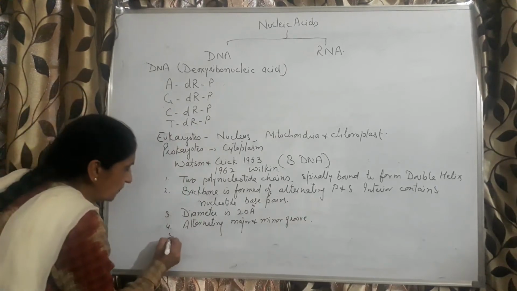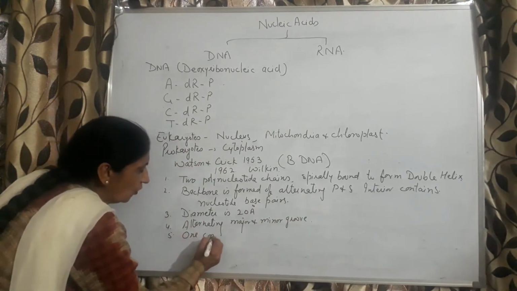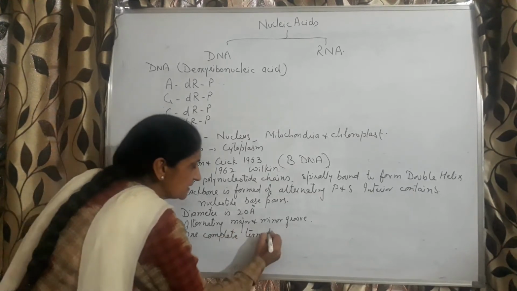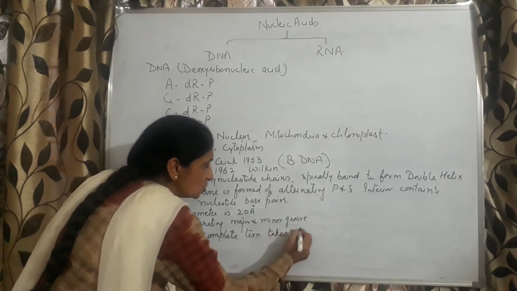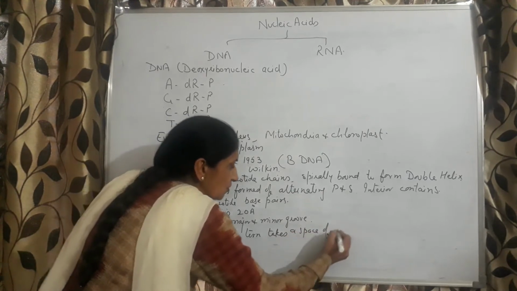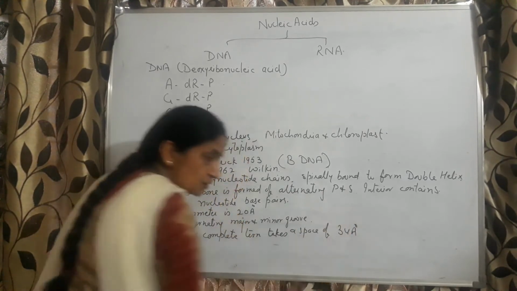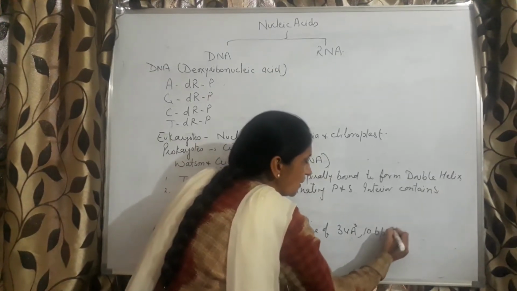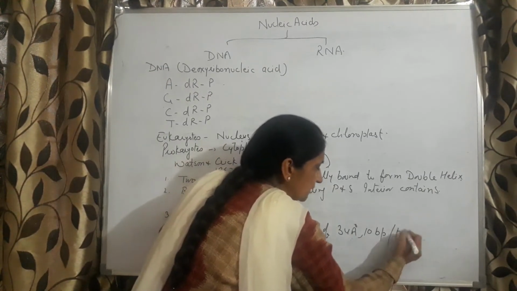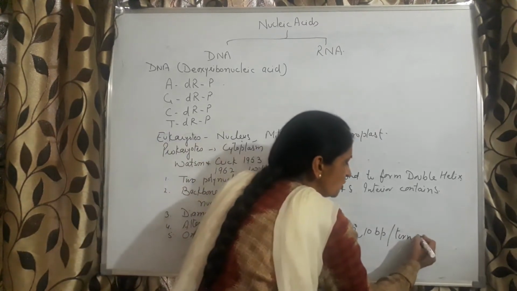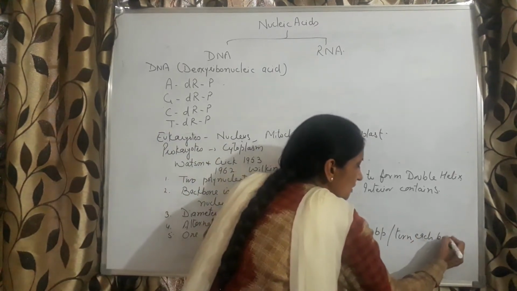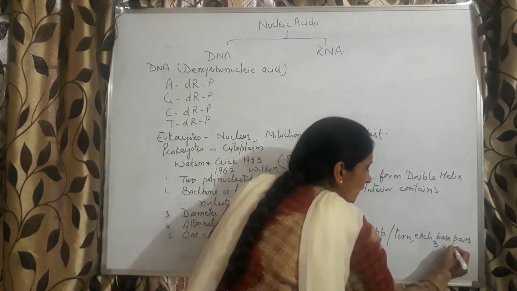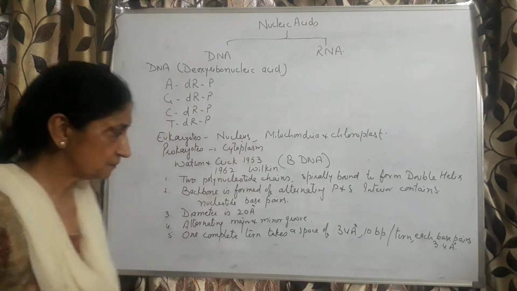Then one complete turn takes a space of 34 angstrom units, and there are 10 base pairs per complete turn. It means each base pair occupies a space of 3.4 angstrom units.